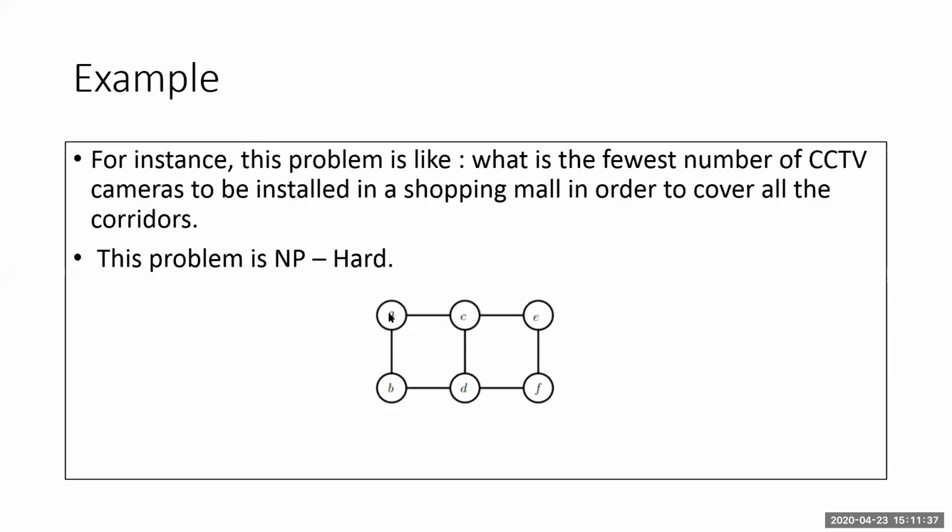If you keep the camera over here, it can cover B and C. If you keep the camera at the C vertex, it can cover D, E as well as A. So if you keep the camera at point C, it can cover the regions A, E and D. Similarly, if you keep the camera at F, you can cover the regions E as well as D.